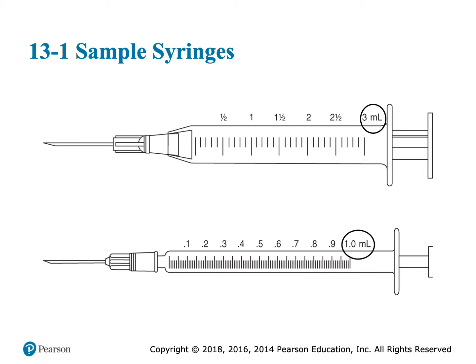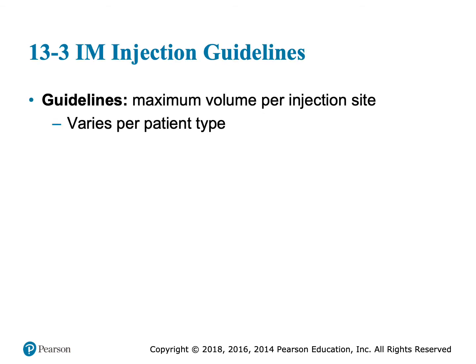Now let's review parenteral dosages. Don't forget the extra syllable in this word. It is not parental, but parenteral, meaning the medication is not taken orally. So for intramuscular injections, there are guidelines for maximum volumes given at the injection site.